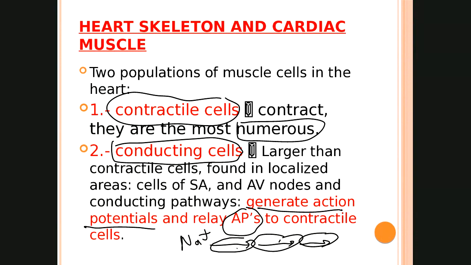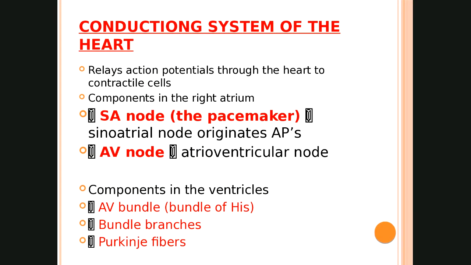Now, these conducting cells are located at specific places in the heart that we call nodes. We already talked about the SA node, on the upper right side of the right atrium, and the AV node on the lower left side of the right atrium. The SA node constitutes the pacemaker of the heart.